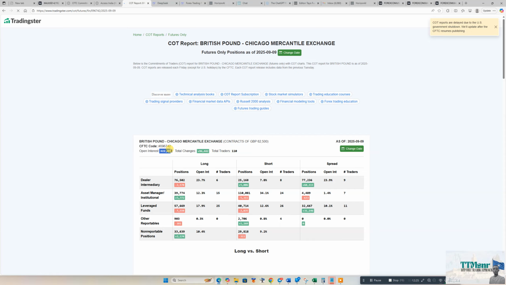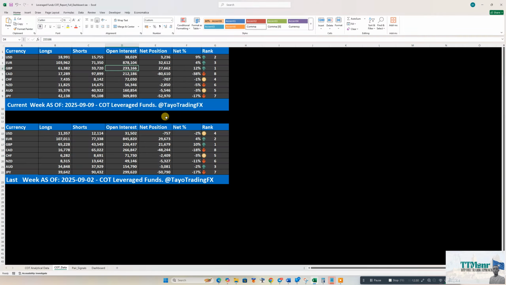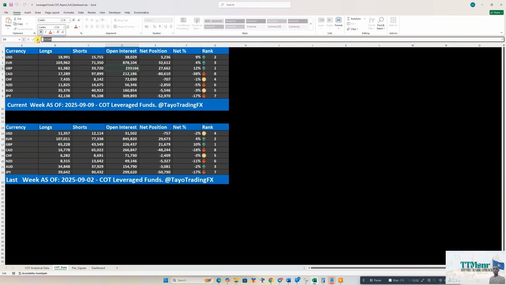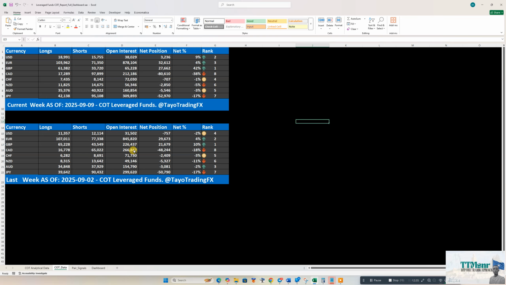Open interest. Okay, and then the short position.